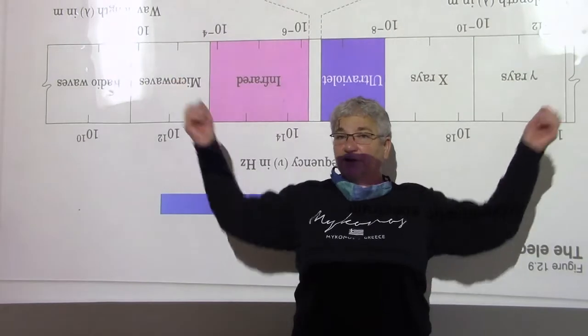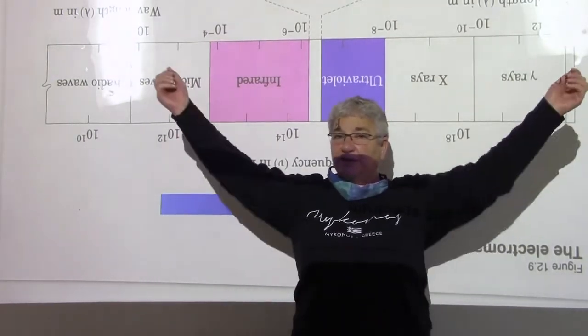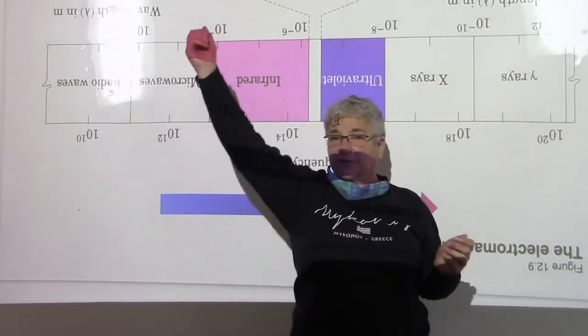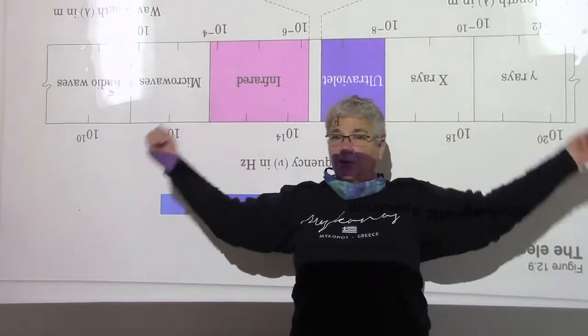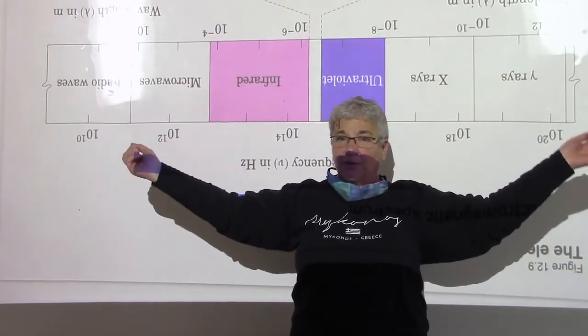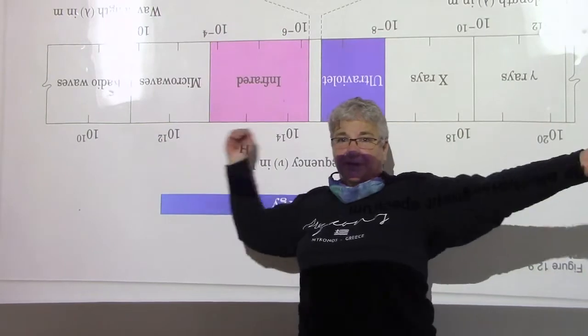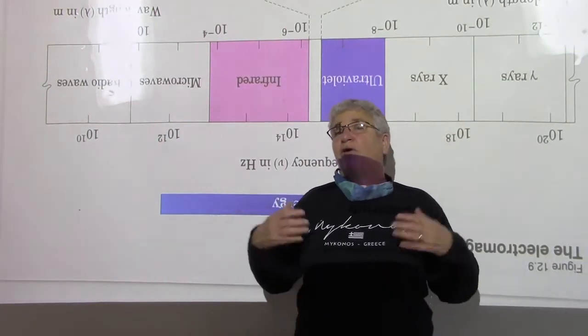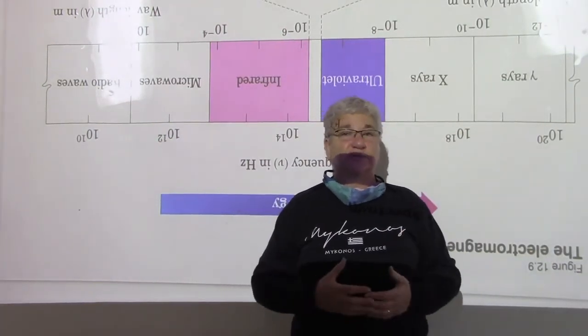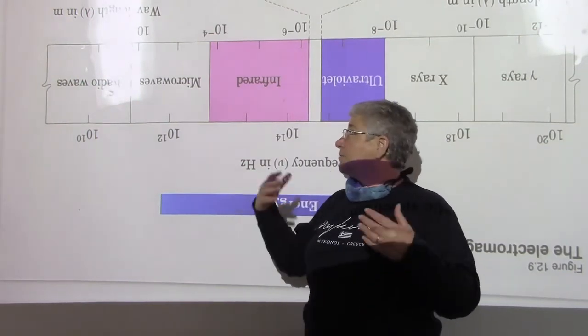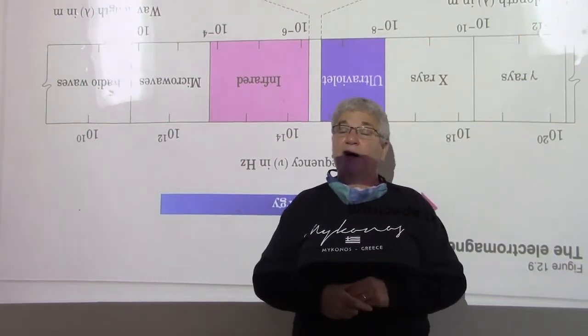So if bonds are stretching like this, or asymmetrically stretching like this, or bending, or wagging in and out of the plane, that was a little bit harder to do. All of those motions are because the molecule has absorbed IR light.